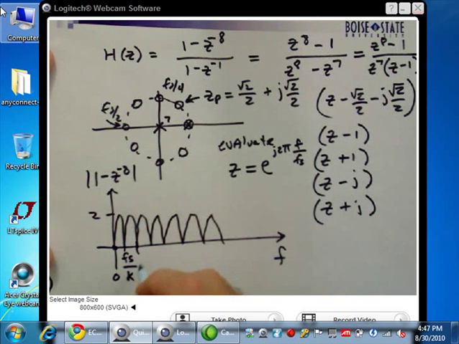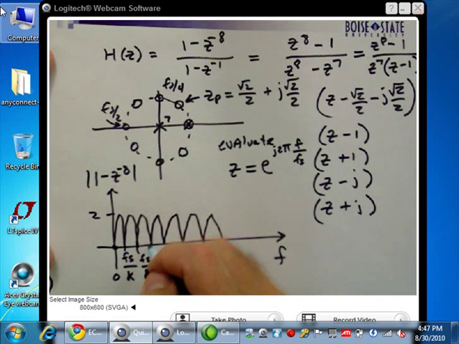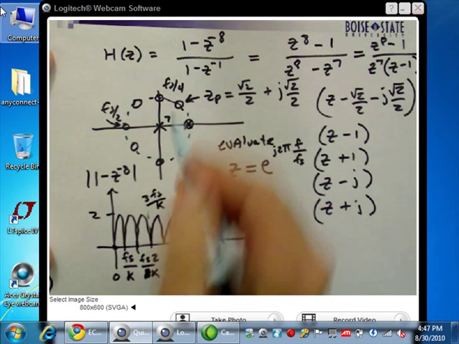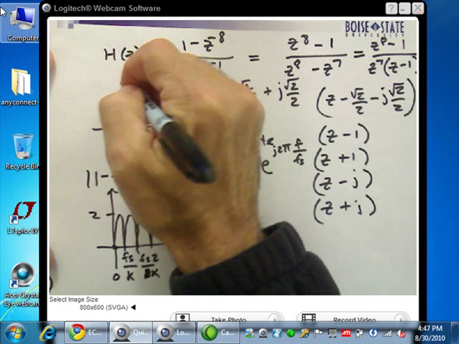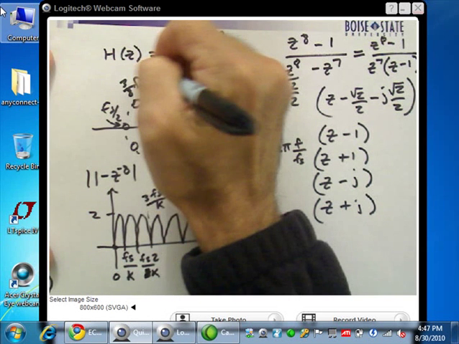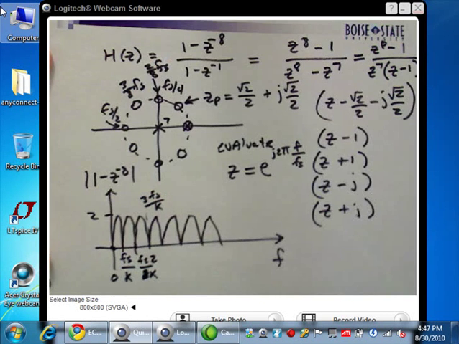Then this one's at 2Fs over 8, and this would be 3Fs over 8, be this one. This one's 2/8 Fs. Looking good? No questions, right?